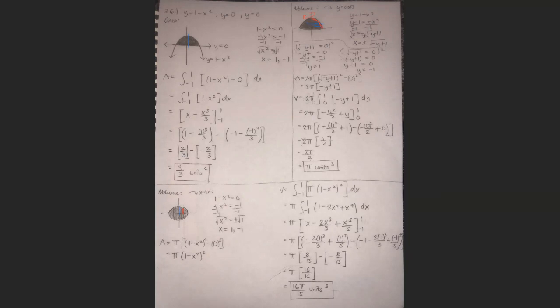Oh, okay. So this graph is y equals 1 minus x squared, but we need to find the x value, because the radius here is the x value, but the x value is changing in terms of y. So we need to solve for x. We get x equals plus or minus the square root of 1 minus y.